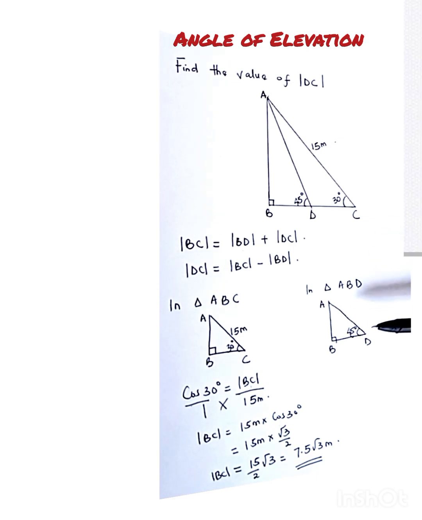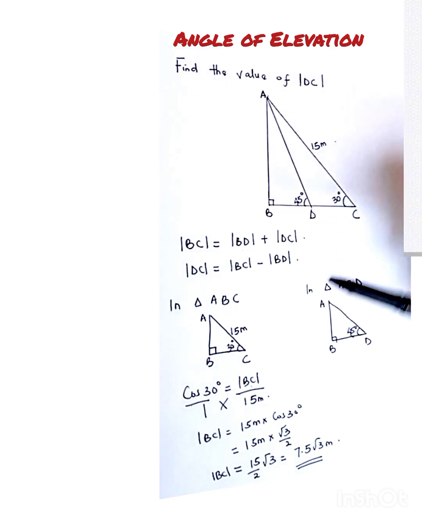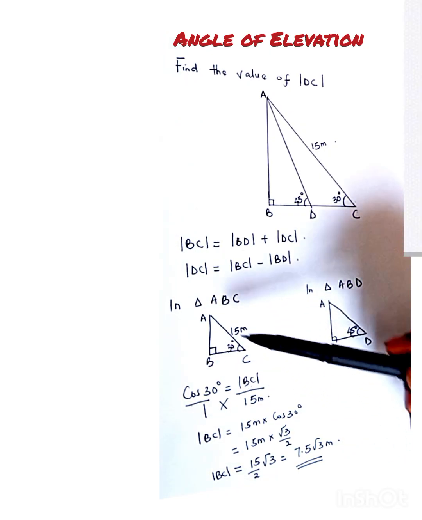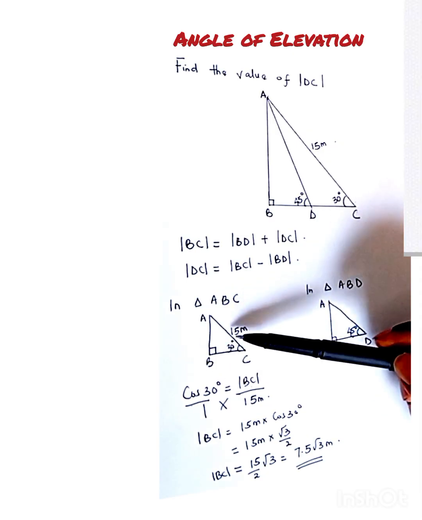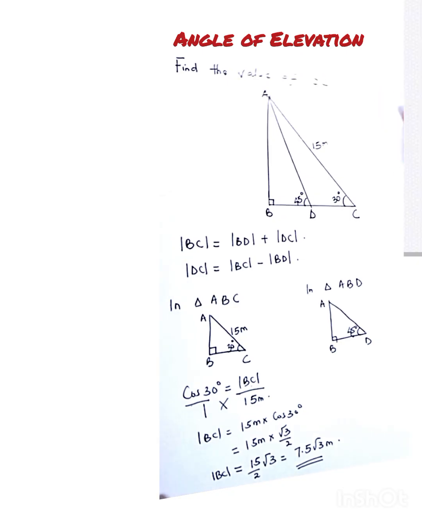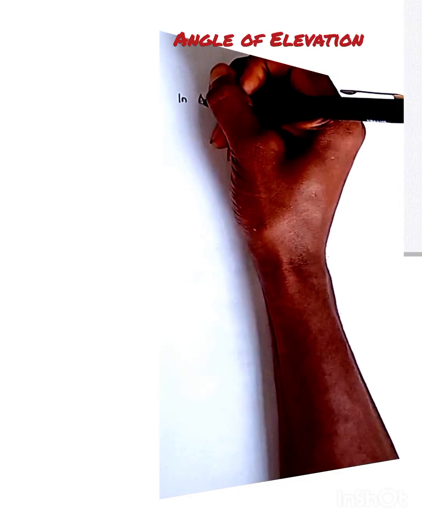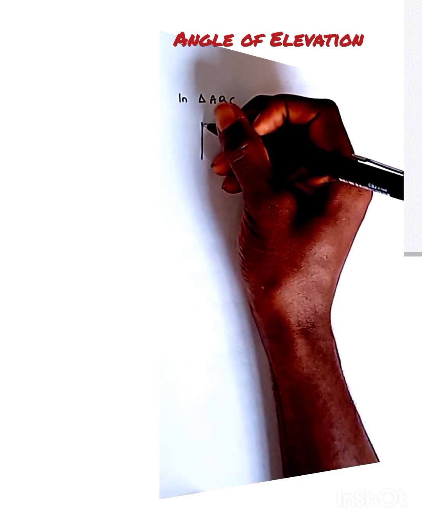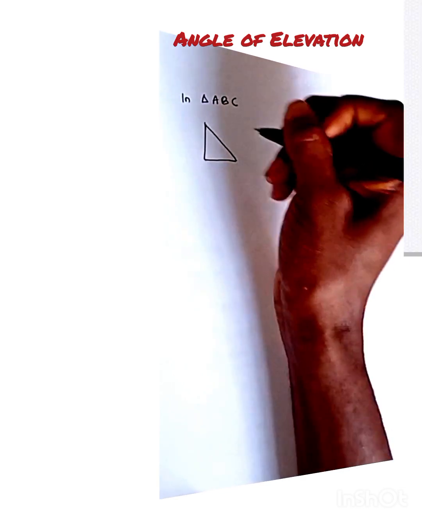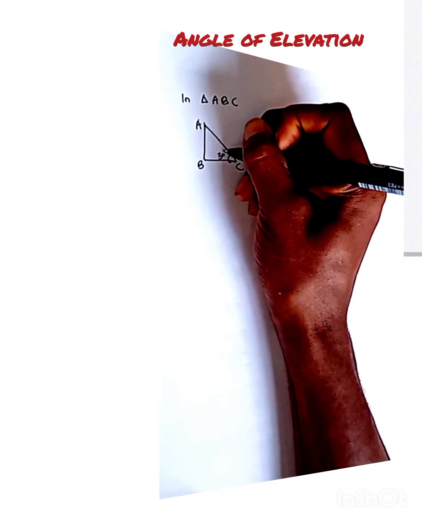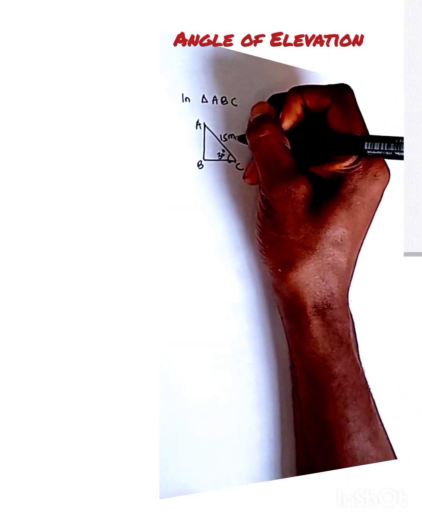So I will need to get line AB, which is the same thing, line AB here, line AB here. Now I will get line AB using triangle ABC. So in triangle A, B and C, here is 30 degree, here is 15 meter.